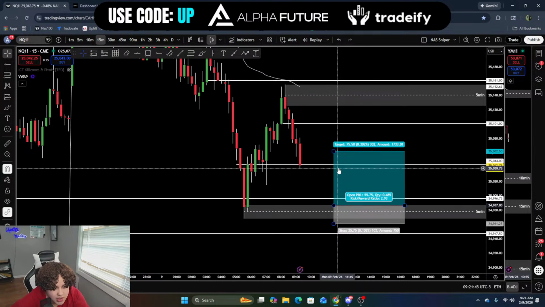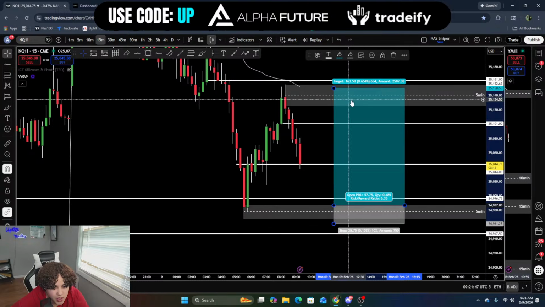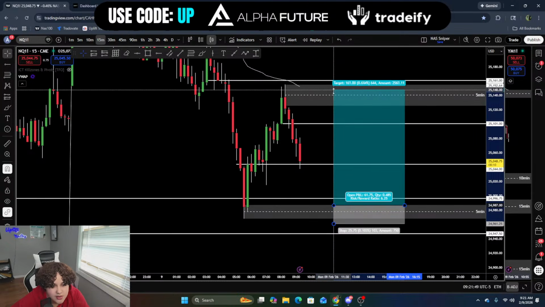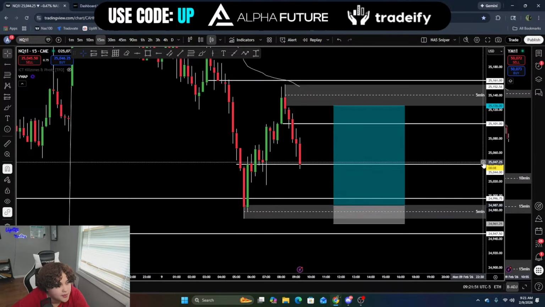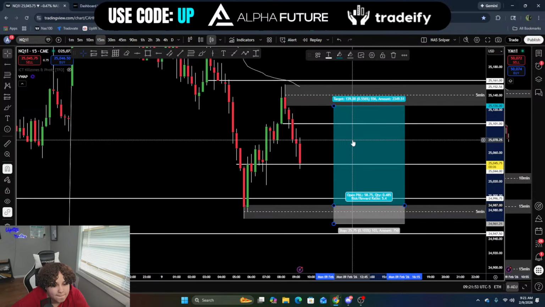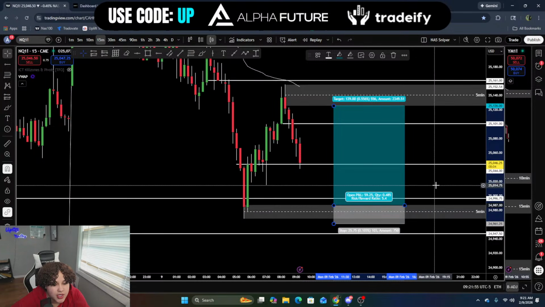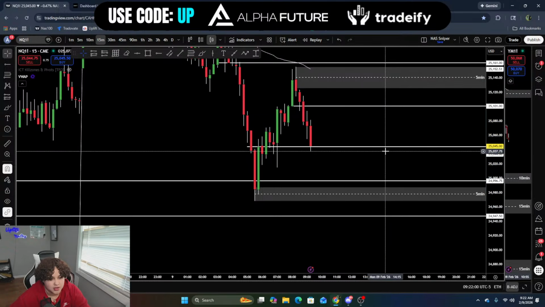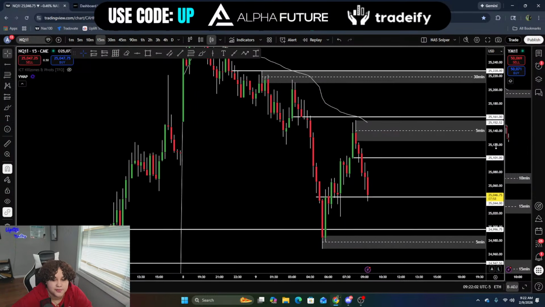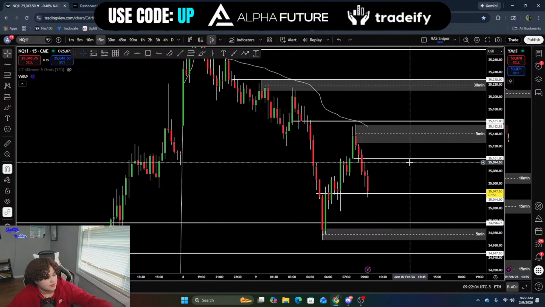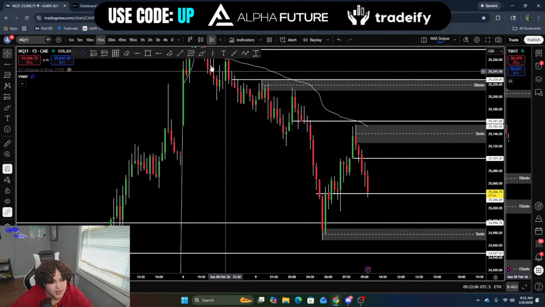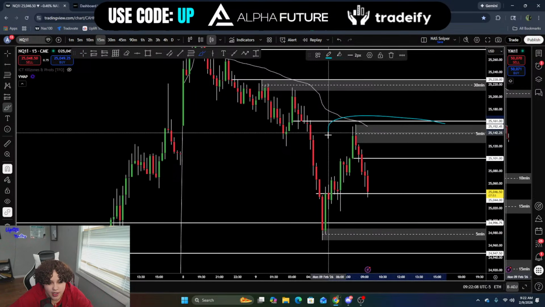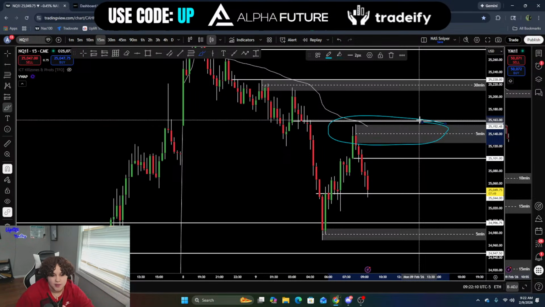If I took longs here, I would try to target VWAP or this 5-minute zone here. Even this would be a good trade. It'd be a choppy trade. And then again, I wouldn't take a trade off of this zone here because of VWAP.